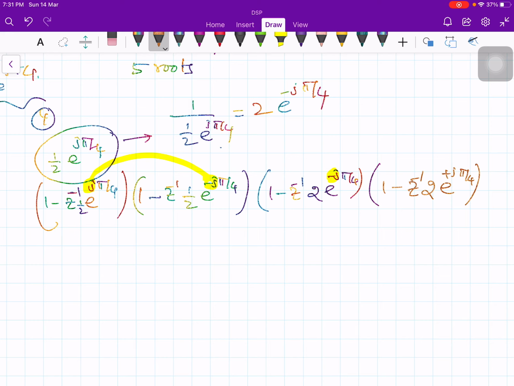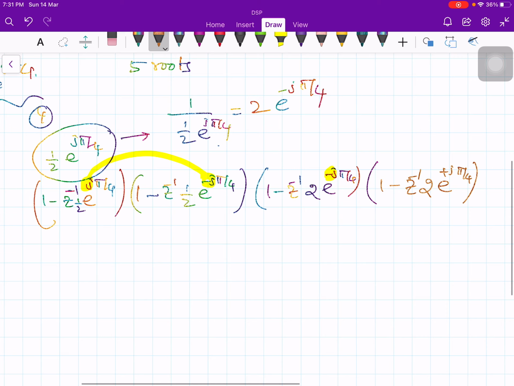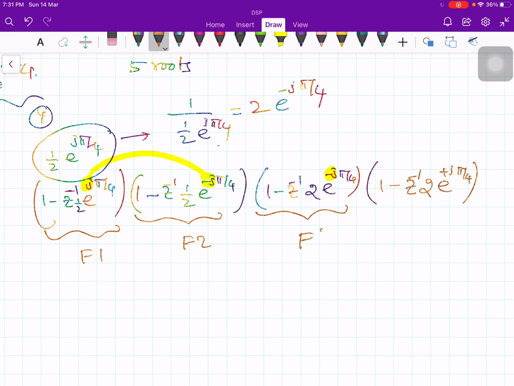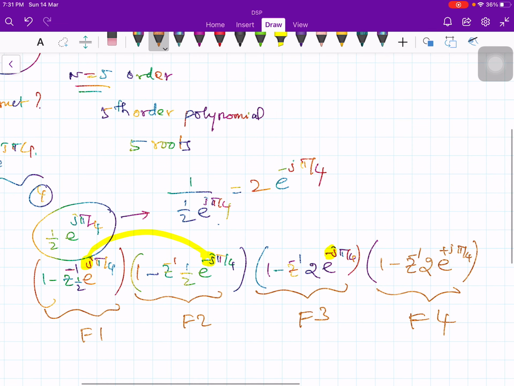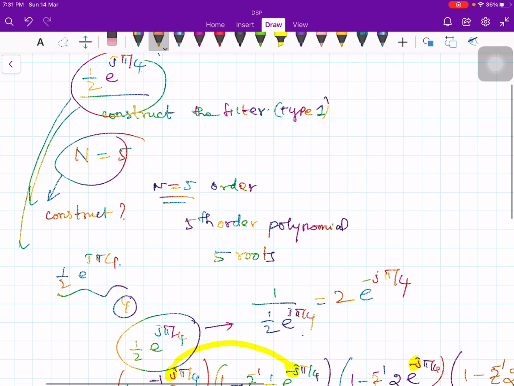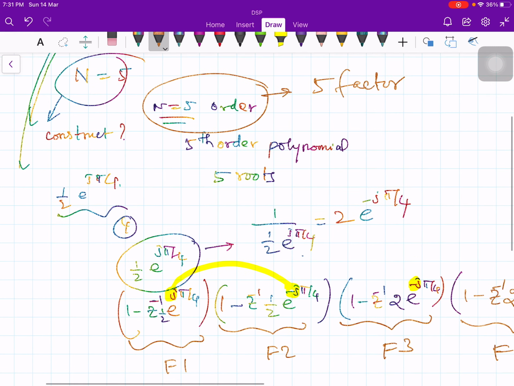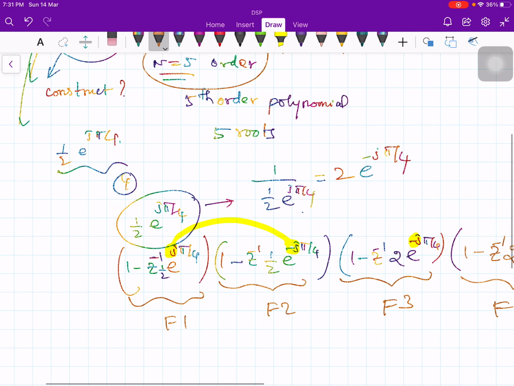Now the question is, what would be your choice for the fifth factor? 4 factors we got: factor 1, F1, factor 2, then factor 3 and factor 4. The given filter is of fifth order, so once you solve it, you will get 5 factors, 5 zeros, 5 roots. So from the given piece of information we constructed 4.